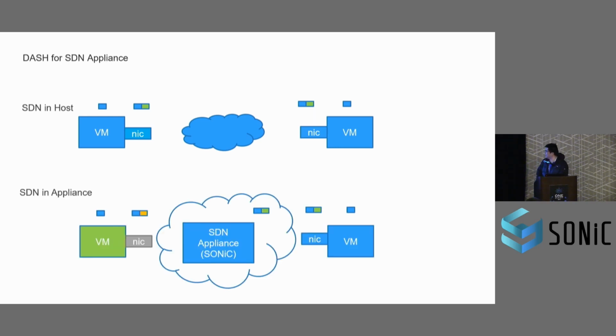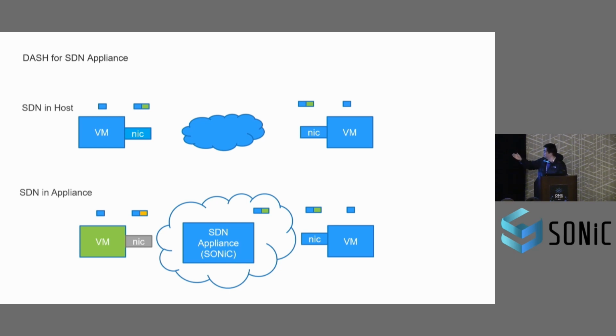What we're trying to do is bring the SDN appliance concept to this cloud. In this case, we have a new VM, this green VM, which has a NIC with fewer functionalities. In the cloud, we have this SDN appliance, which is running SONiC and does all the magic that the previous NIC did.